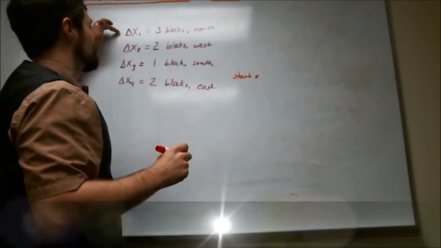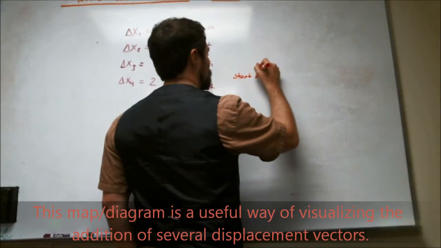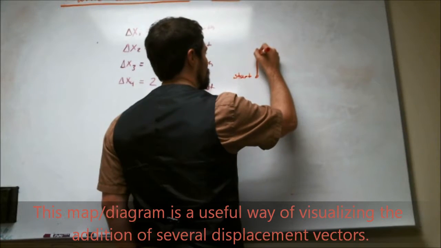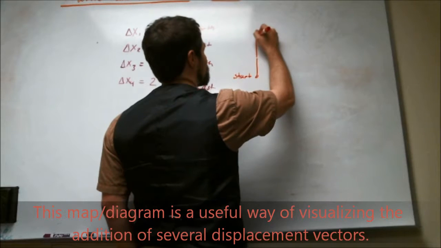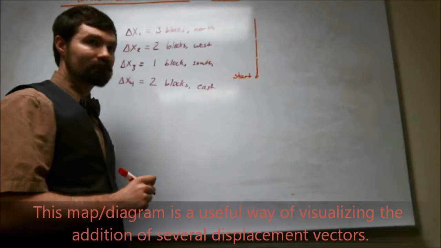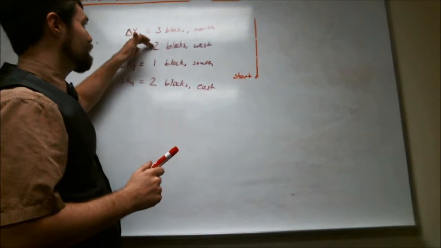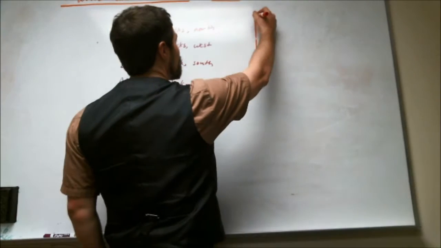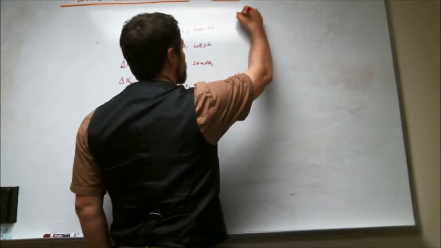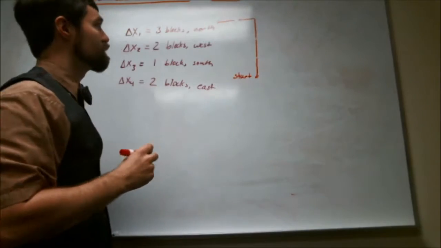And the first thing that it did was go 3 blocks north. So 1 block, 2 blocks, 3 blocks. Then it says that it went 2 blocks west. 1 block, 2 blocks.